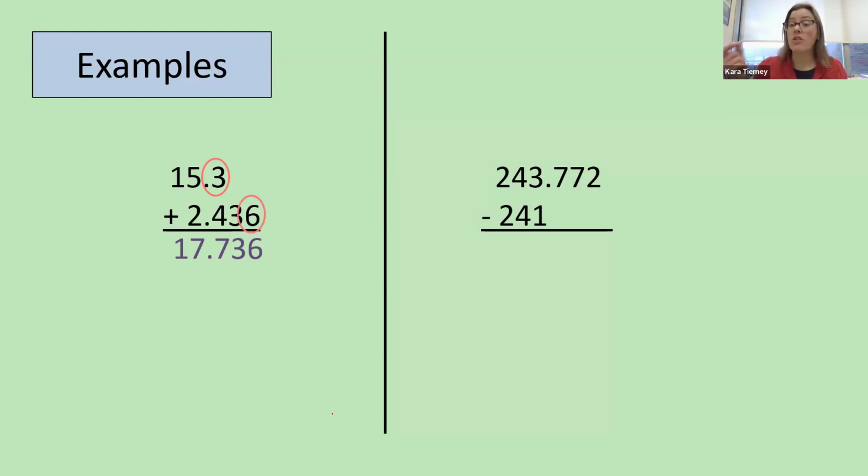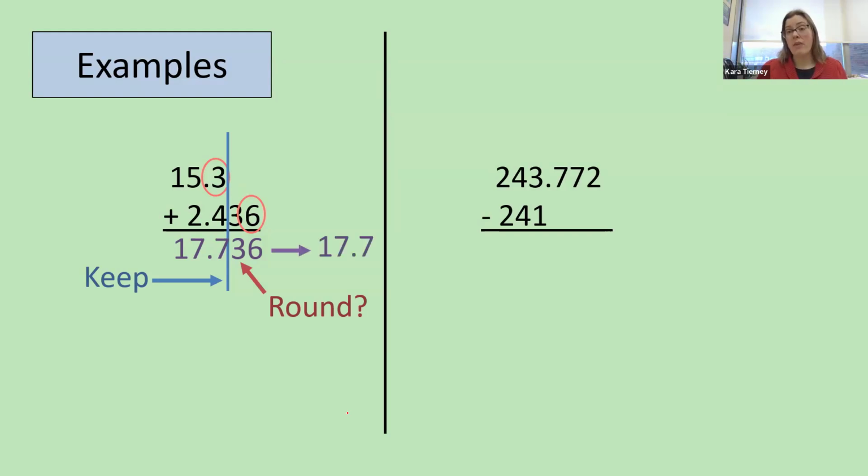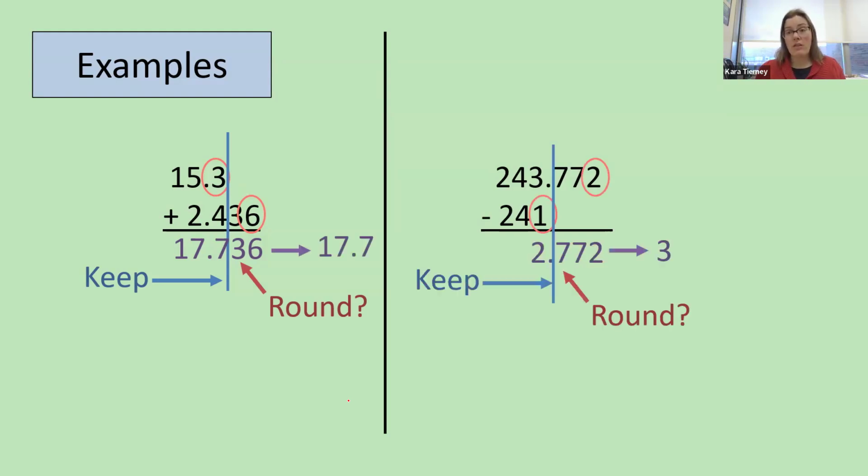We take the smallest of the two so that our answer gets cut off after that first place after the decimal. So we round to the tenths place. We look at the digit after that to tell us if we round, and we don't in this case, so we get 17.7.